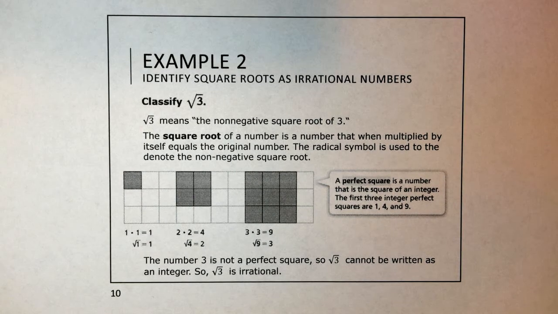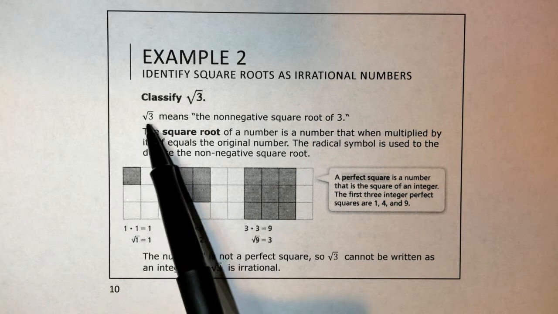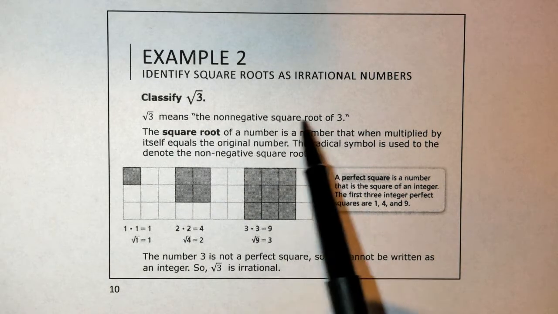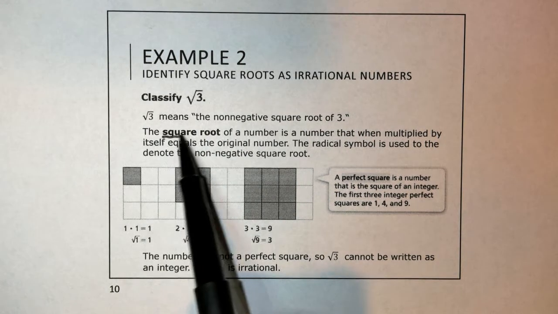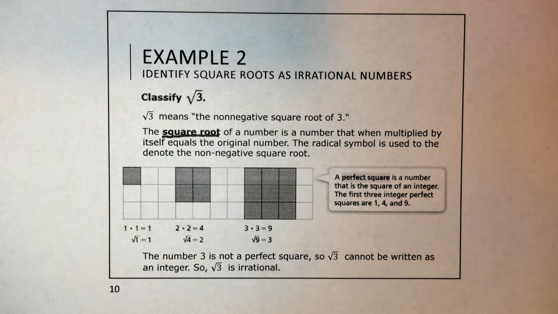So we have to identify what category this is going to fall in. Is it rational or is it irrational? So the square root of 3 means the non-negative square root of 3. The square root of a number is a number that when multiplied by itself equals the original number.